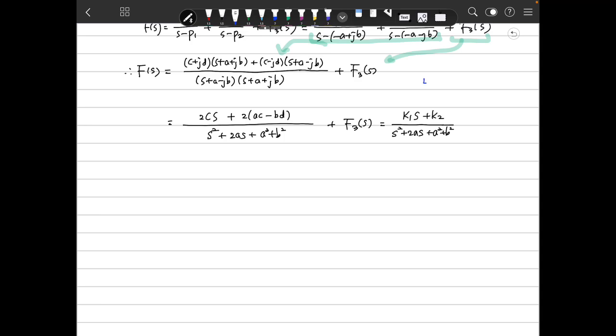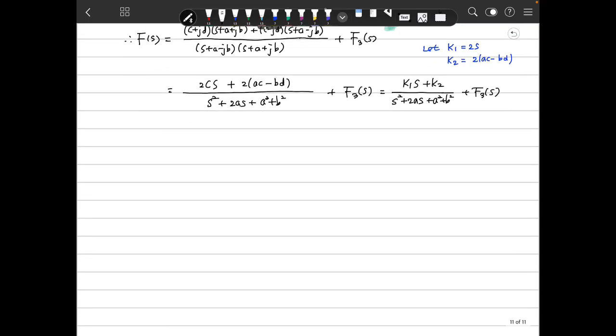So let K1 be 2C, K2 be 2AC minus BD, plus F3S. Anyway, we will discuss that later.